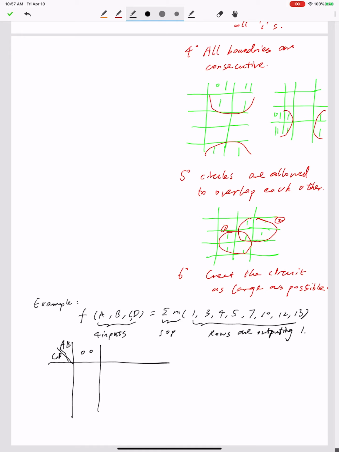In the initial row, they are 0 0, 0 1, 1 1, and 1 0. For CD, we have 0 0, 0 1, 1 1, 1 0, which is identical to the initial row, right?